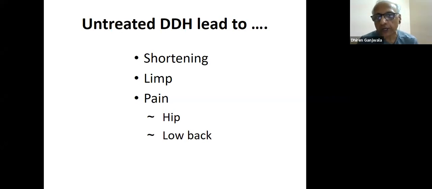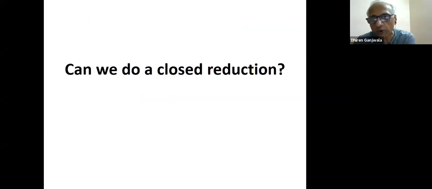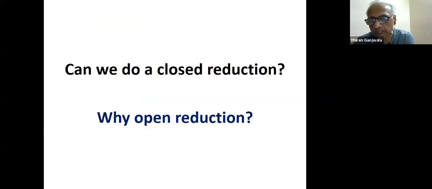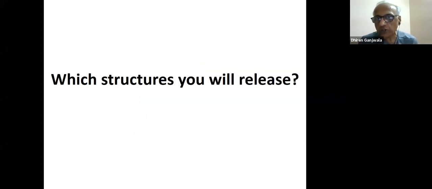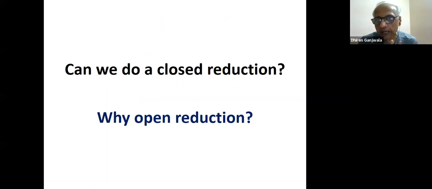Okay, so now we are on the treatment, the close reduction and the open reduction, two options. Just we will cut the discussion so that we can go further. In India, most of the examiners would expect that at the age of 5, you say that I will go for the open reduction.